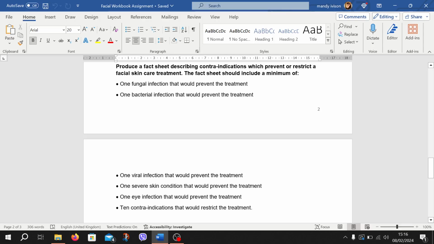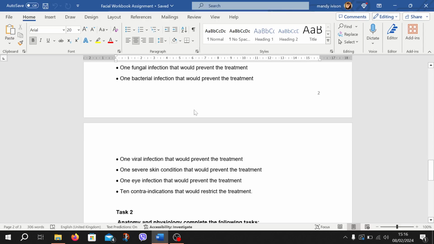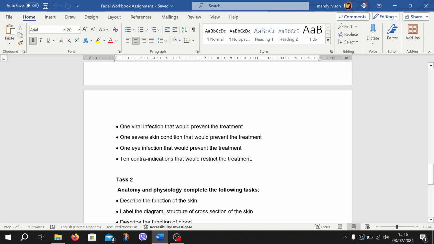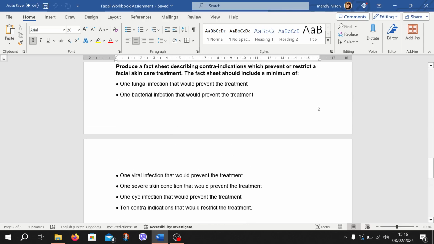Bacterial, you could have impetigo, or it could be a cold sore. So just look in your workbook. All the answers for that are in your workbook, basically. Right, where we're on to next.